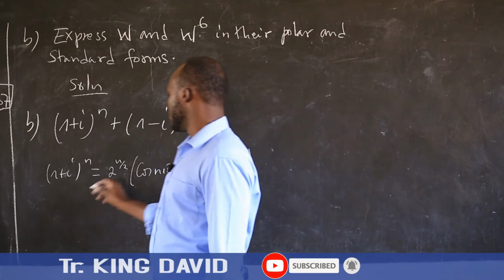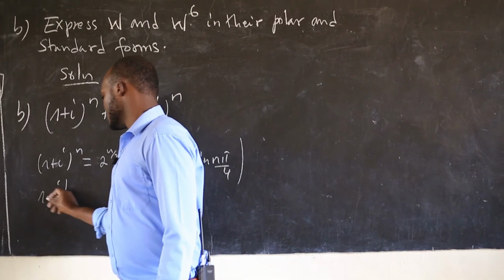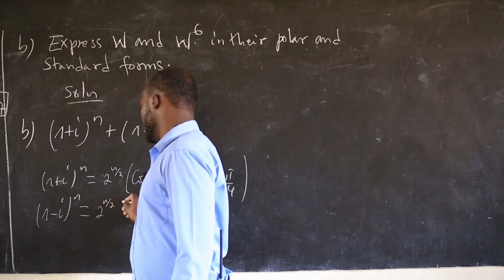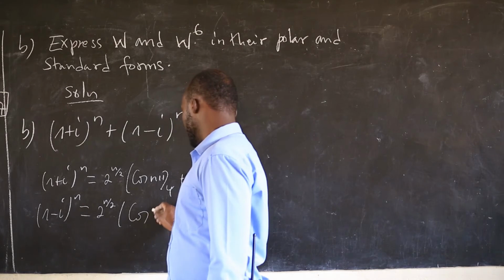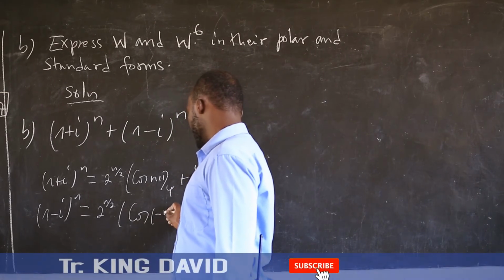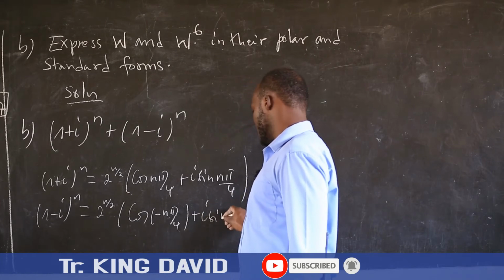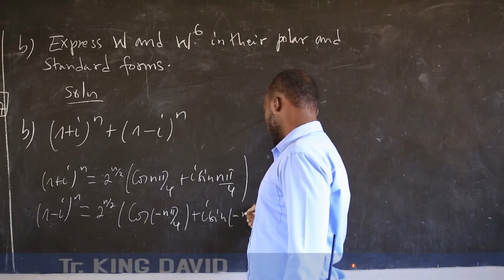And we got that (1 minus i) power n is 2 power n over 2 into bracket cos negative n pi over 4 plus i sine negative n pi over 4.